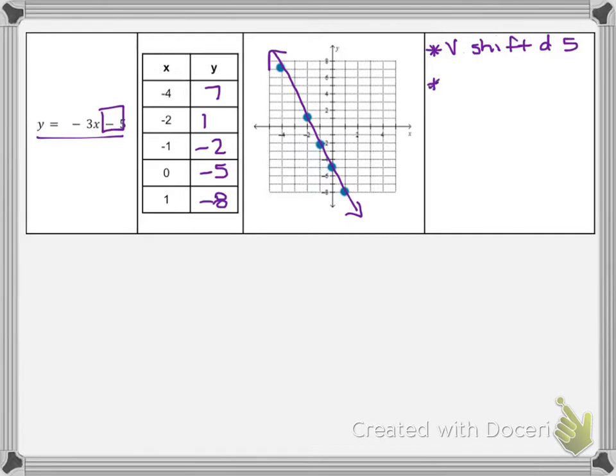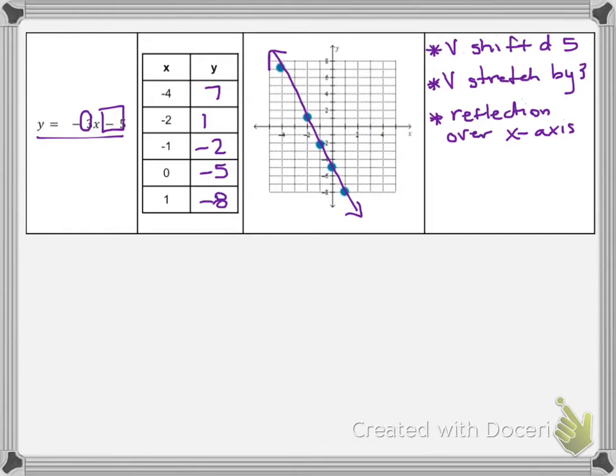I know that multiplying by 3 is going to be a vertical stretch by 3. And then I know that a negative sign is going to be a reflection over the x-axis. Okay, so I had 3 transformations, and I'm going to list them all there.